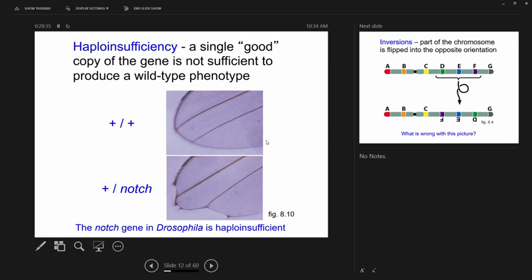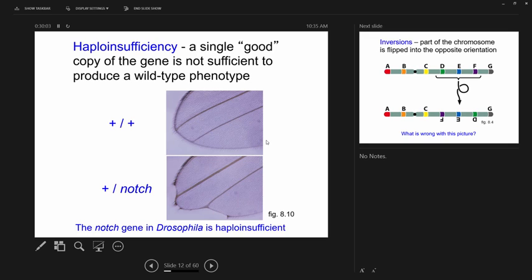It's enough to make you develop, like you don't die as a ball of cells right after fertilization, but you get this little notching in the end of the wing there. And this is just like the yellow mutation in the mice. So fruit fly people were originally in a sort of conundrum because they're like, what's going on here? Because they found the Notch mutation.